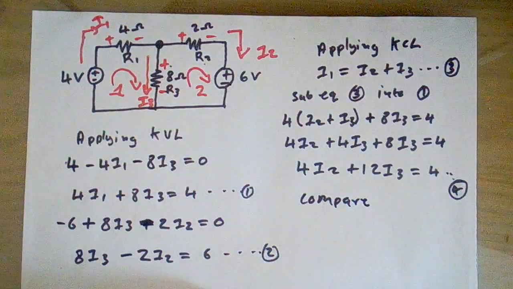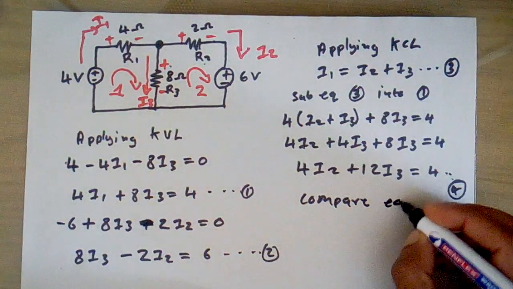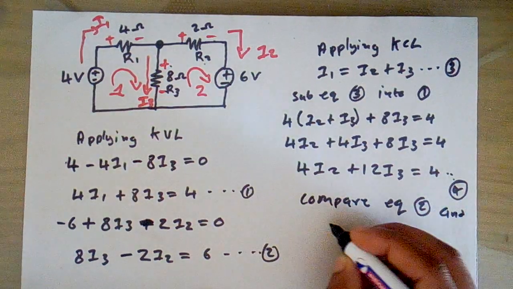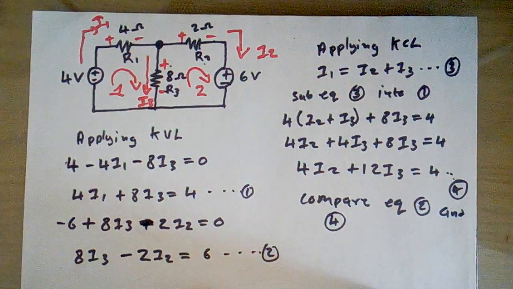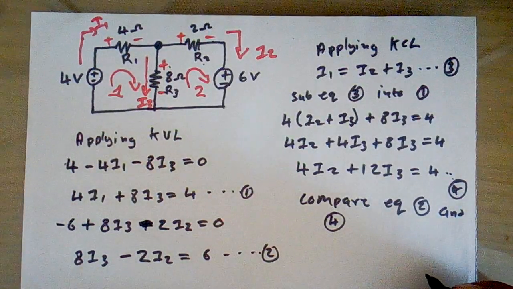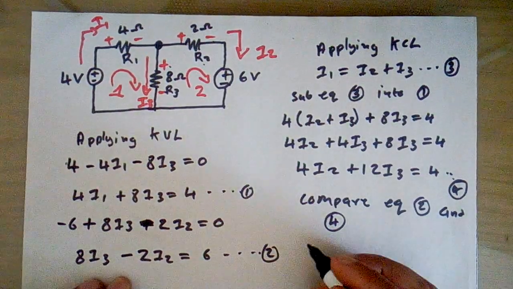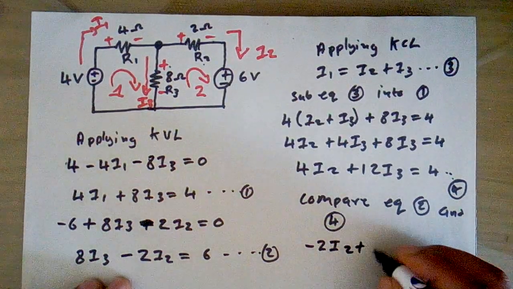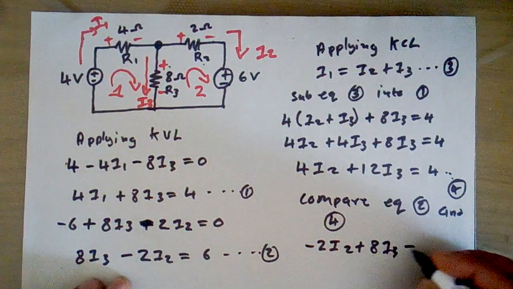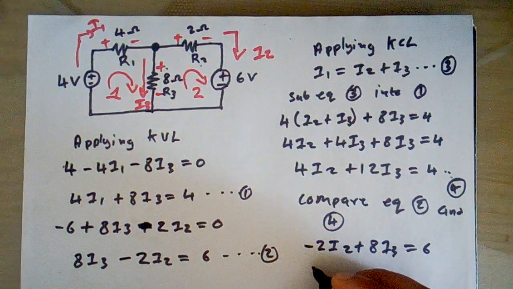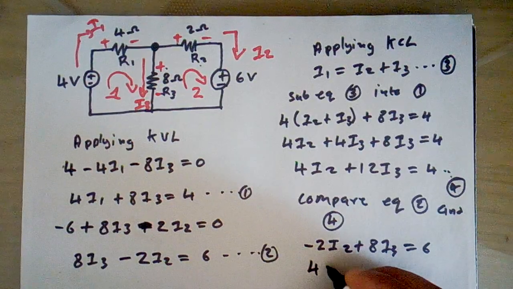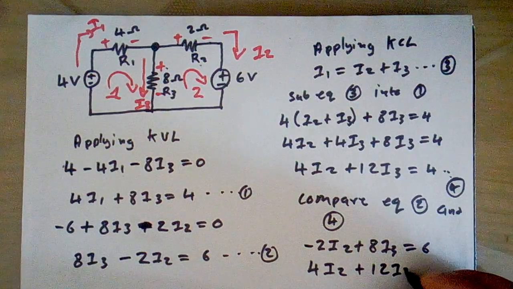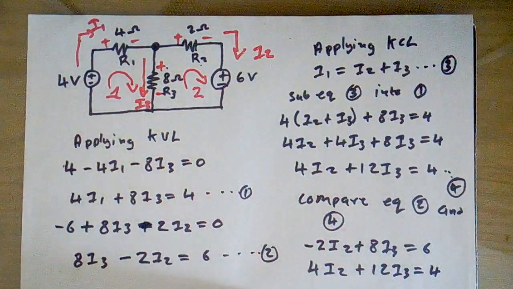Now let's compare equation 2 and equation 4. Our equation 2 is minus 2 I2 plus 8 I3 equals to 6, and our equation 4 is this one.